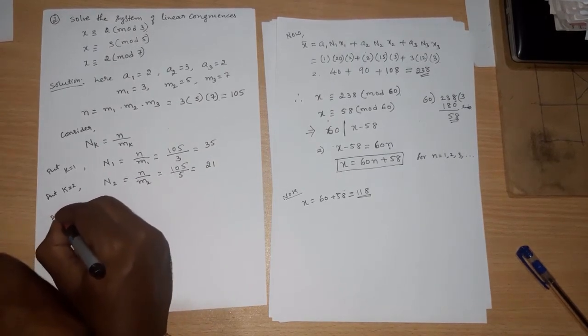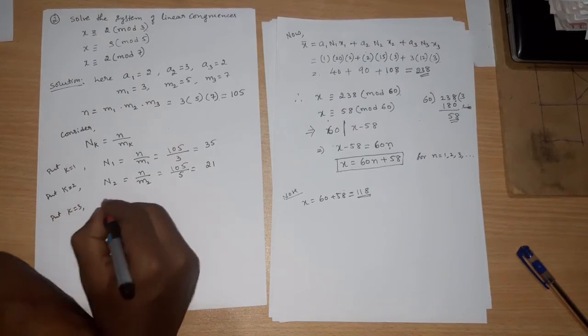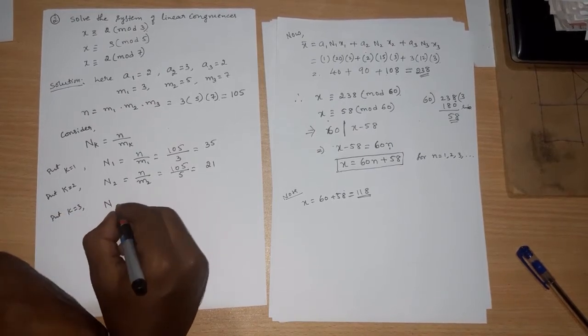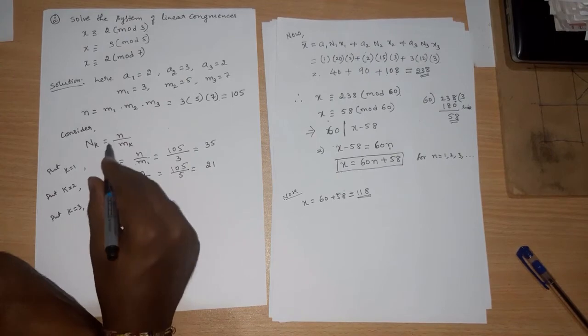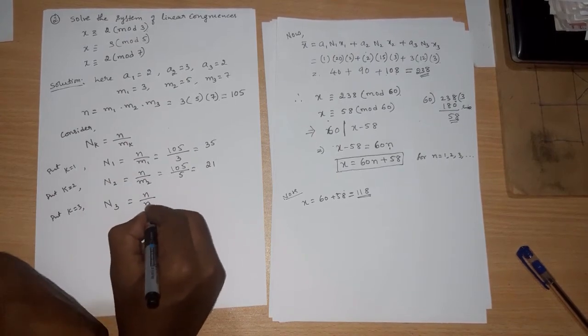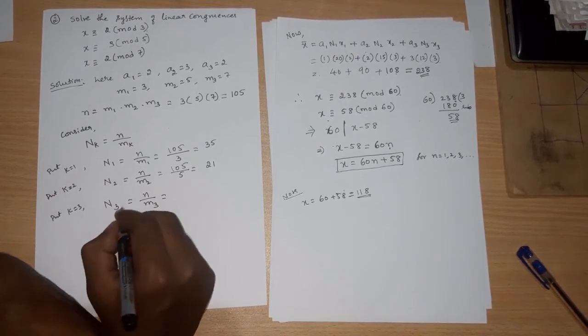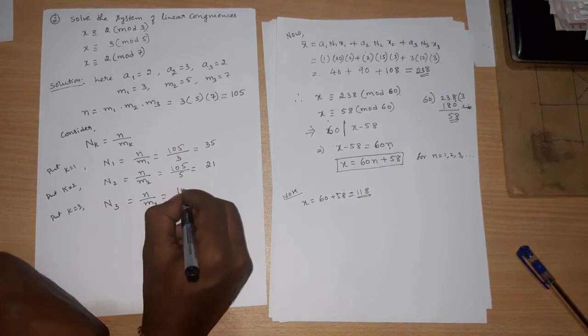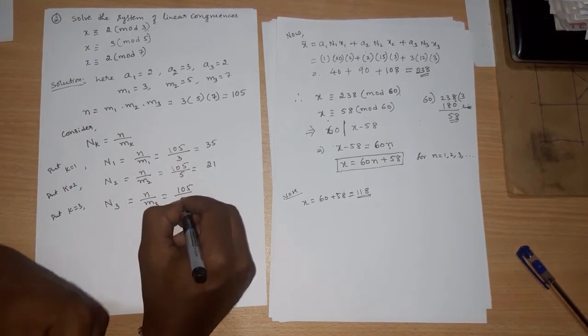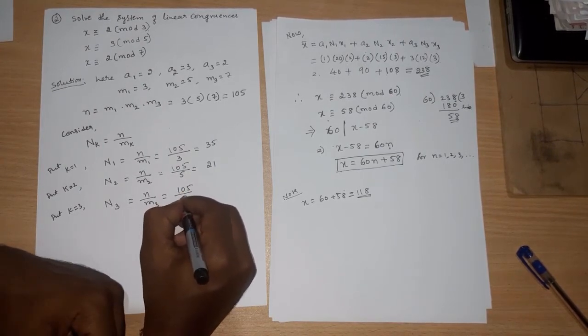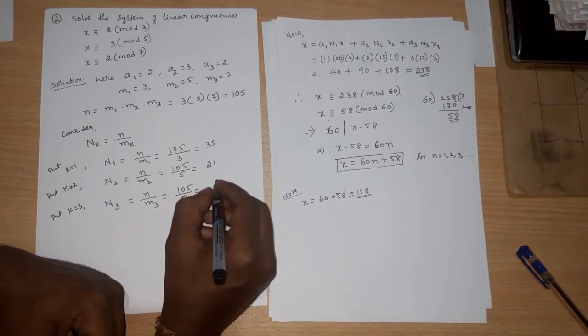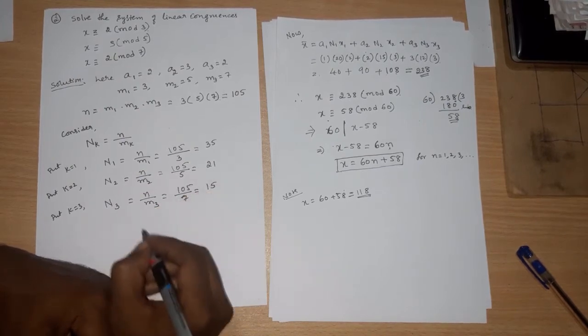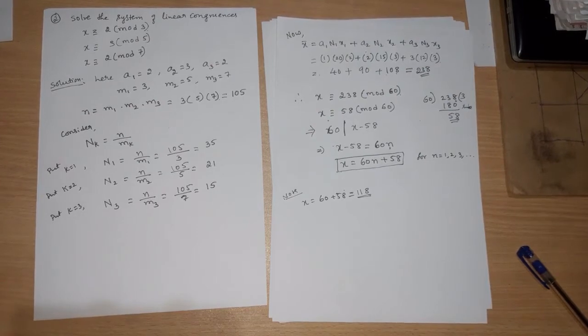Put k equals 3: n3 is n divided by m3, so 105 divided by 7, you get 15.